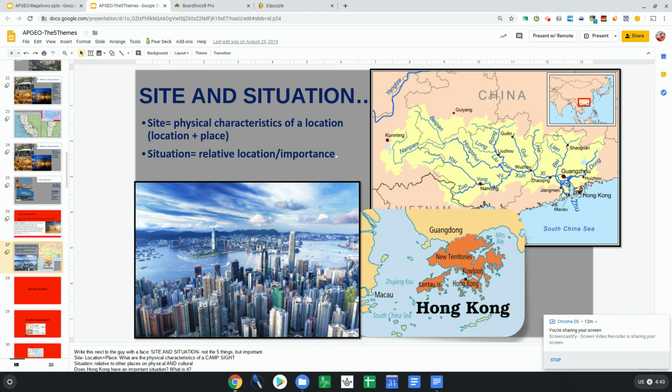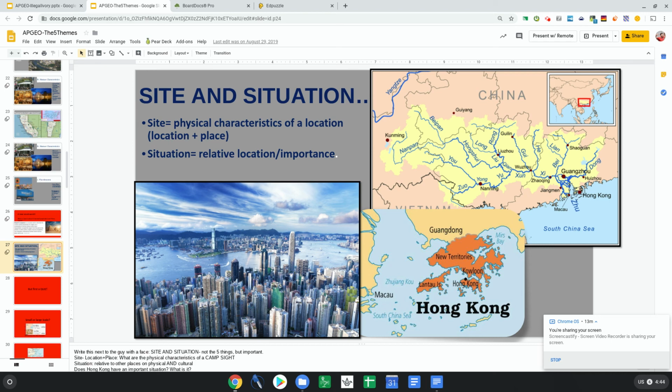Situation, however, includes the relative and connected importance to the things around it. These are both physical and cultural. So with Hong Kong, we can talk about the site of Hong Kong, and on a small scale, they're going through rebellion, and they're fighting for their civil rights. In a large scale, when we look at their situation, we can then see how connected they are to China.